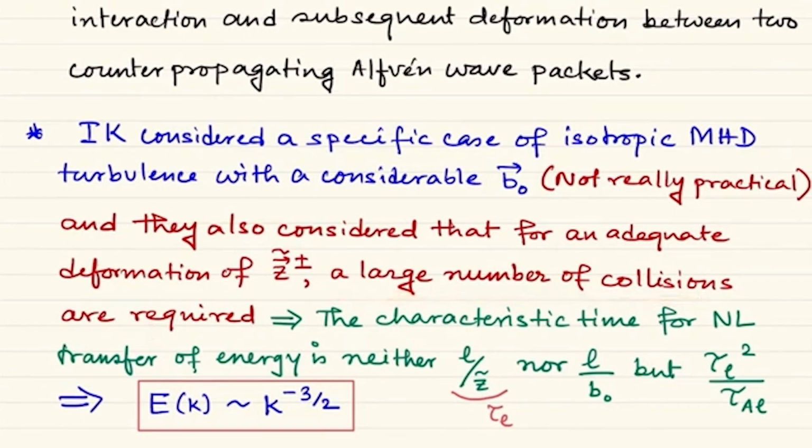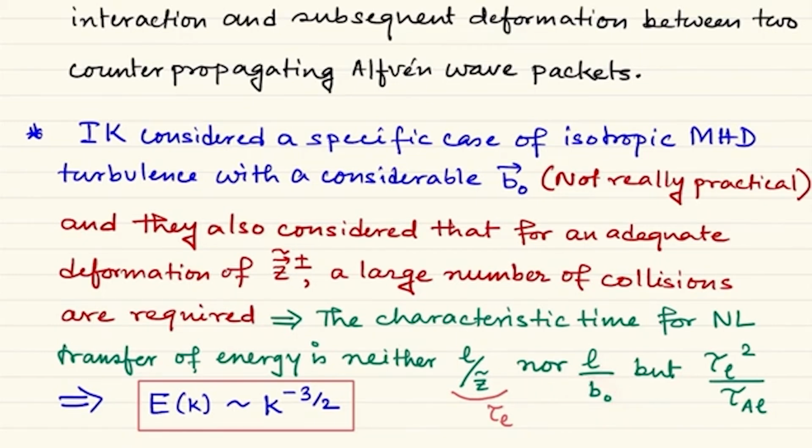And then, after some very heuristic arguments, one can show that the characteristic time for the nonlinear transfer is neither L by Z tilde, which is the case for the normal hydrodynamic case, L by V, so here it would be L by Z plus minus, nor L by B0, because B0 is another characteristic velocity in this system.